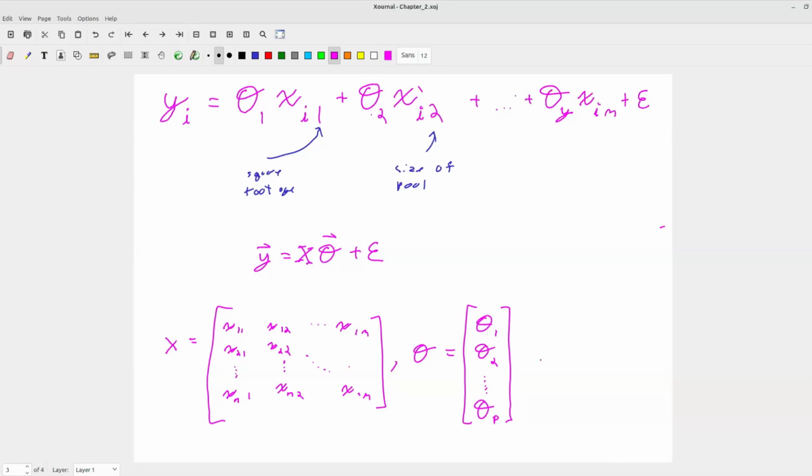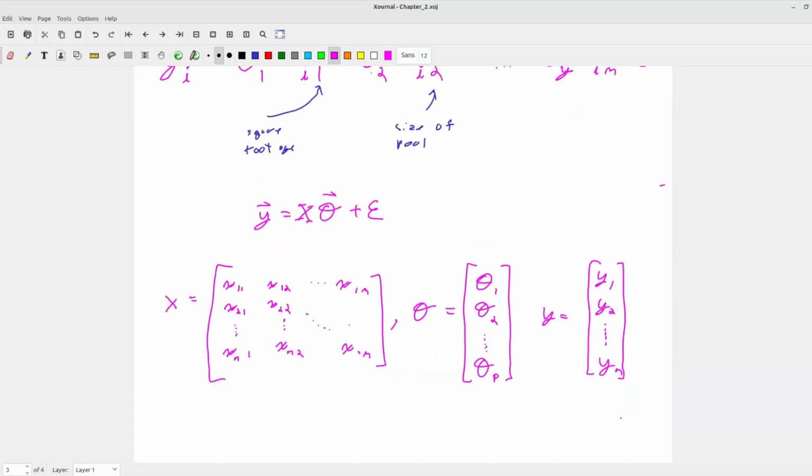And y is equal to y1, y2, through yn. Those are going to be the actual prices of the houses that people paid. Those are not hats, those are actual prices.